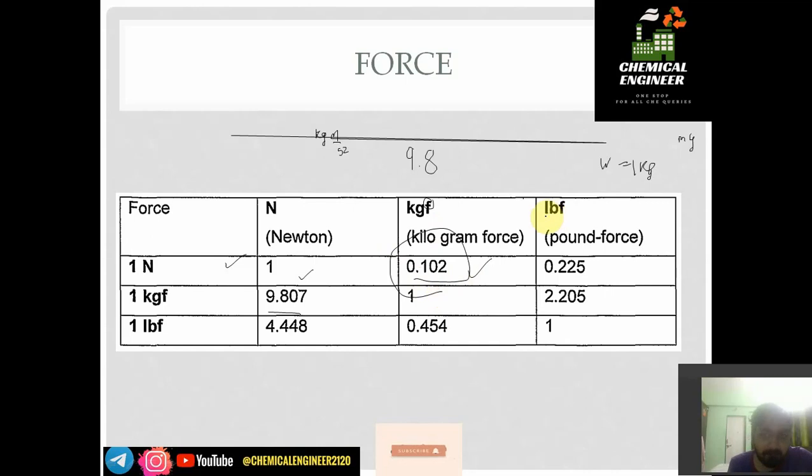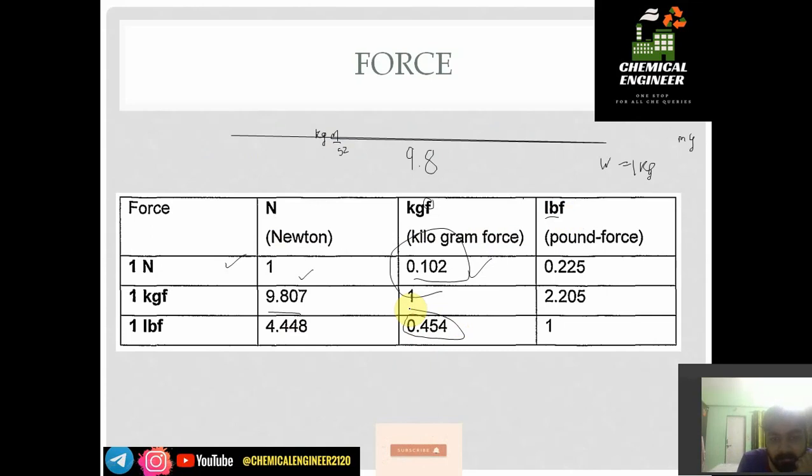And lbf. Now if you know the conversion between kg and pound, you can convert it directly. I have not provided that table, but it is given already: 1 pound is equal to 0.454 kgs.